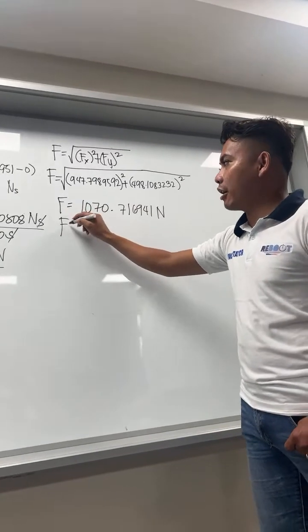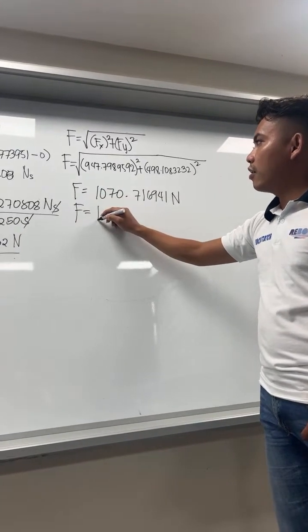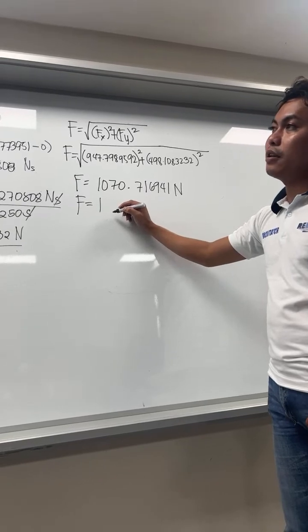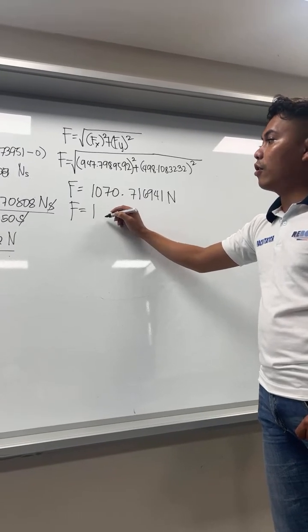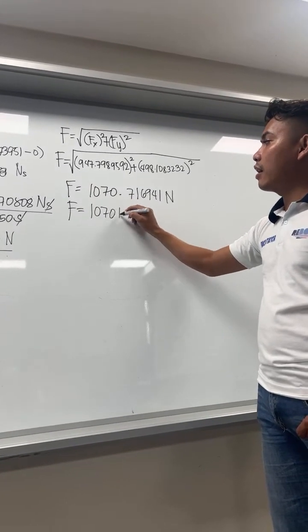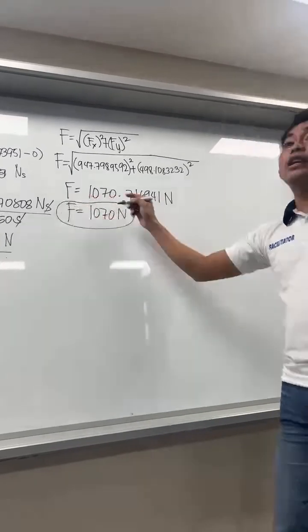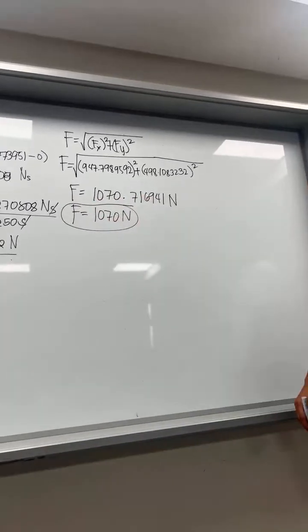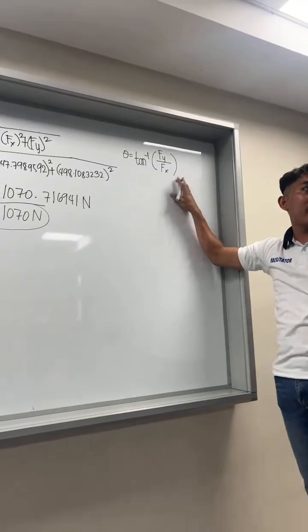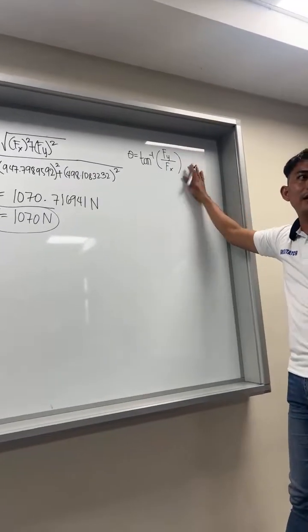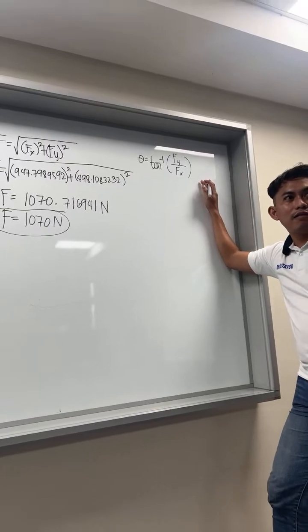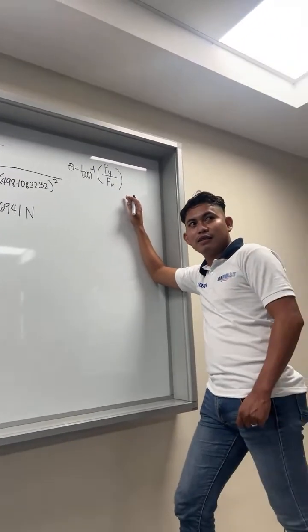Final answer, the magnitude is 1,070.716941 newtons. Then, for the direction, Fy over Fx.